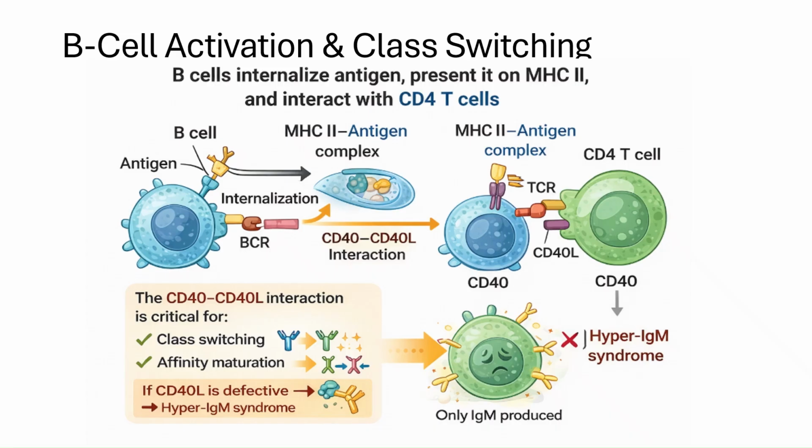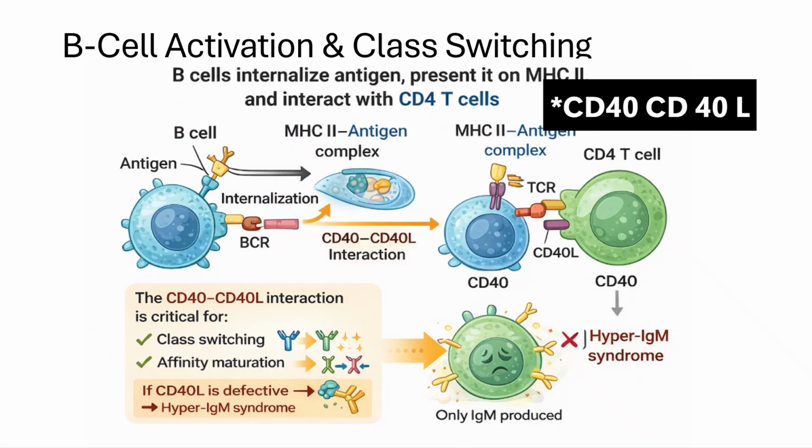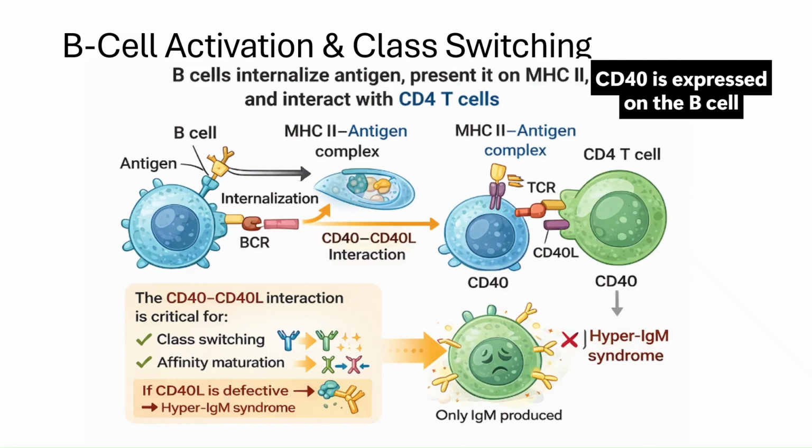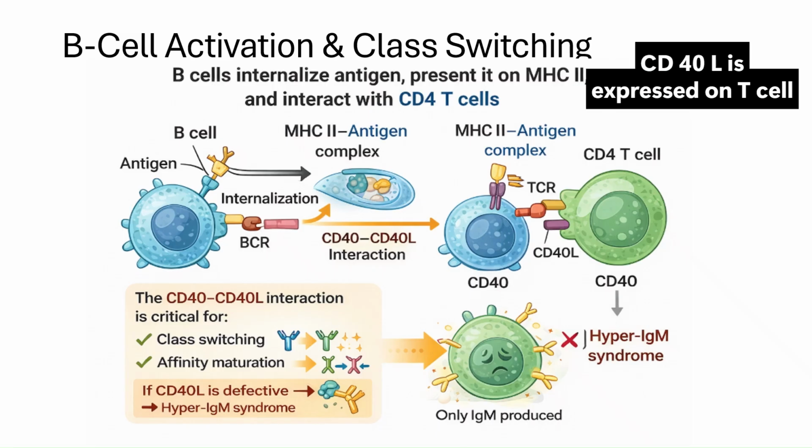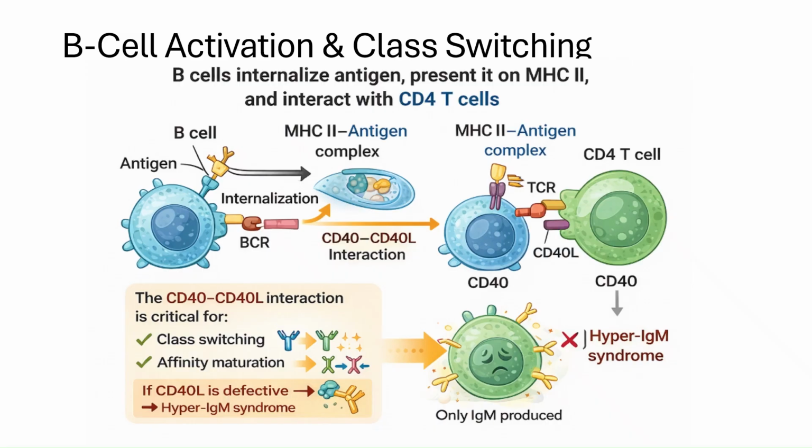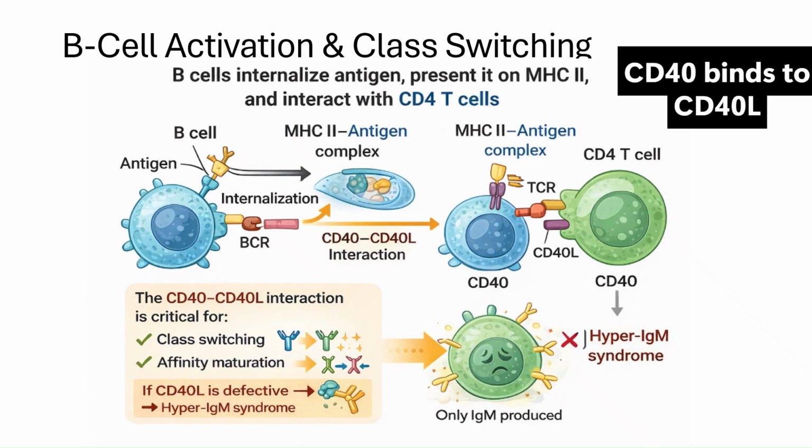Now there's step 3. In step 3, CD40-CD40 ligand interaction happens, and this is very critical. CD40 is expressed on the B cell, and CD40 ligand is expressed on the activated CD4 T cell. So when CD40 binds to CD40 ligand, it triggers class switch recombination.